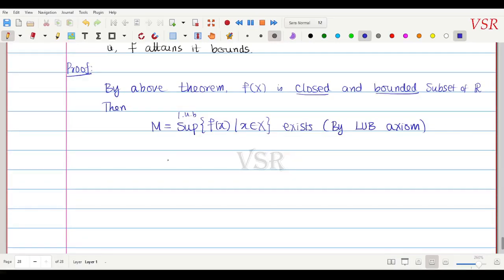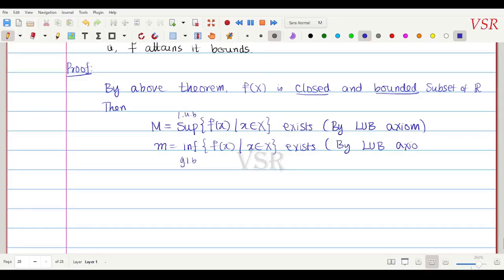In the same way, the infimum, meaning the greatest lower bound of f of x such that x belongs to capital X, exists. You can also write the GLB axiom here, but both are the same, by the least upper bound axiom.